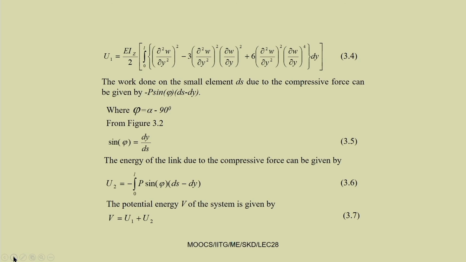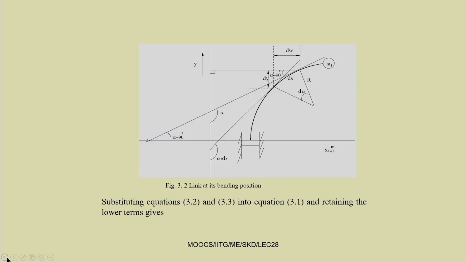So, the work done on the small element ds due to the compressive force can be given by P sin psi into ds minus dy. So, the deflection will be ds minus dy, here psi equal to alpha minus 90 degrees. From this figure you can see we have taken r as the radius as the beam is bending like this.